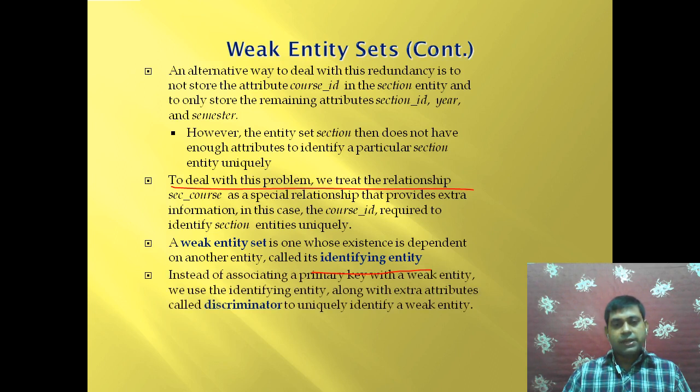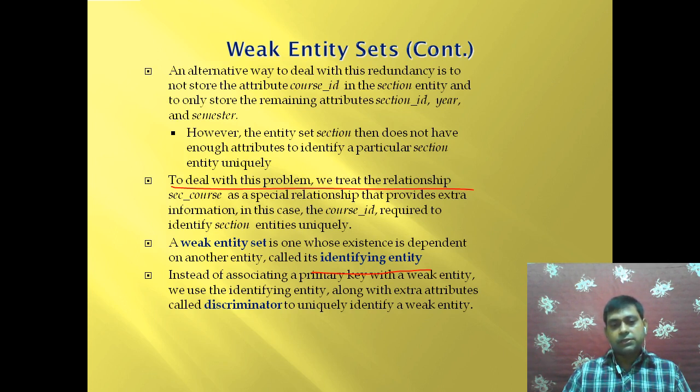And the name of the dependent entity, or attribute of the dependent entity, is a partial key, we can say, but not a primary key. Why do we call it a partial key? Because that can discriminate a few of the people in the dependent list, but that cannot uniquely identify.